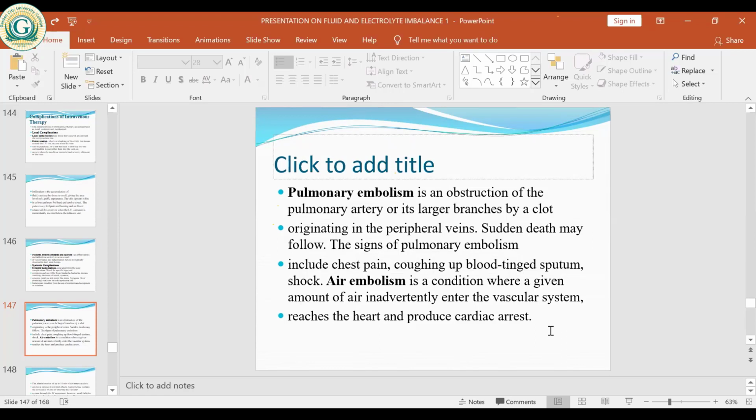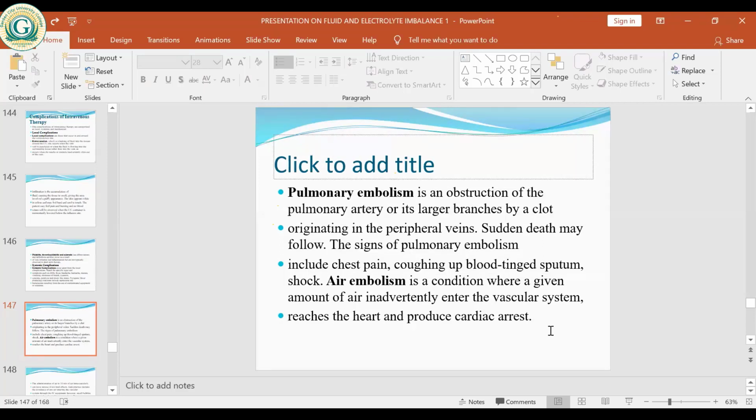Then at the pulmonary side, on the right side of the heart, through the inferior vena cava, the clot enters the right side, goes through the right atrium, enters the right ventricle. The right ventricle contracts. Then the clot is ejected into the pulmonary artery, where deoxygenated blood is going to the lungs for exchange of gases.